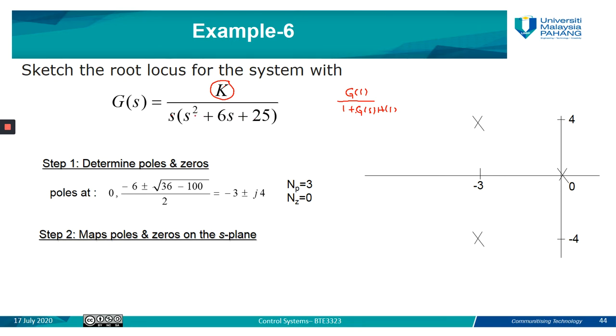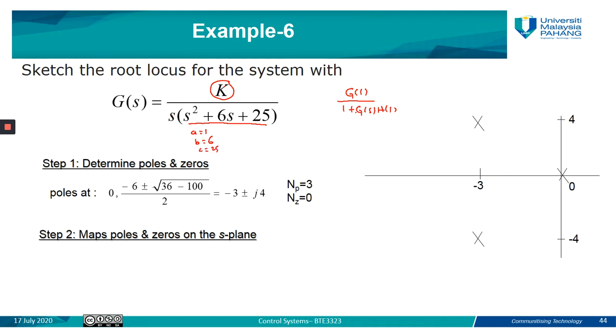Even though this is not easy to write as real poles, we can calculate the poles of this equation by using the formula that we learned before, which is negative b plus or minus the square root of b square minus 4ac, over 2a. So the value of a here is equal to 1, the value of b is equal to 6, the value of c is equal to 25.